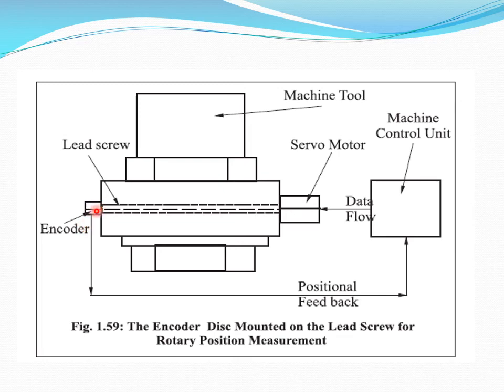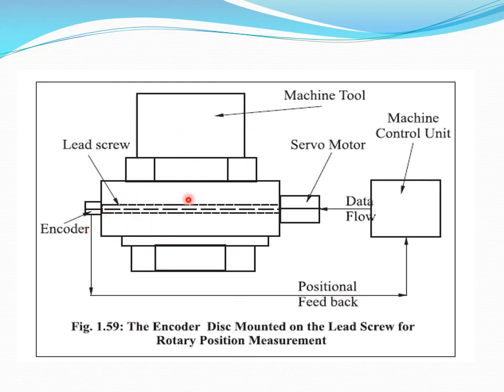Here we are showing a rotary encoder. This encoder rotates along with the lead screw, and you are ensuring that the required rotation has happened to this lead screw, making this machine tool axis move in the required linear movement. So this feedback arrangement is through this rotary encoder here.